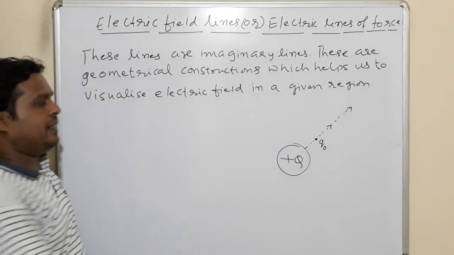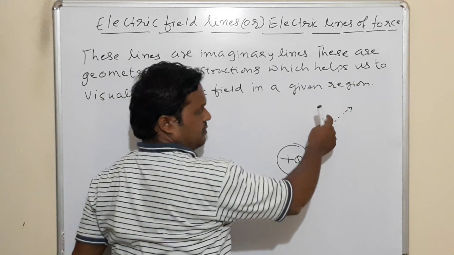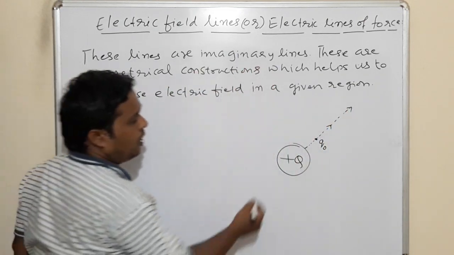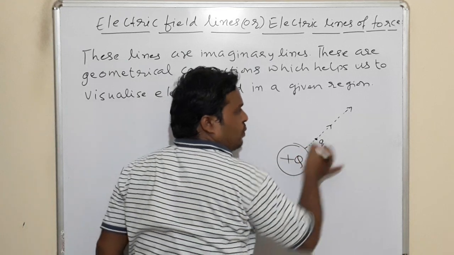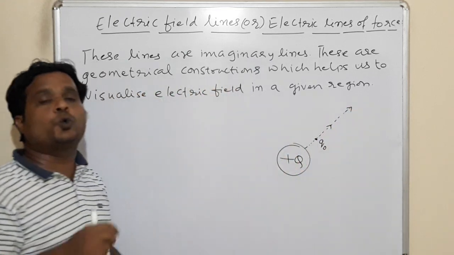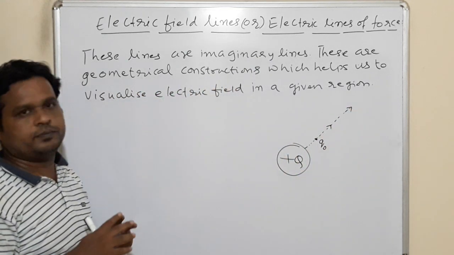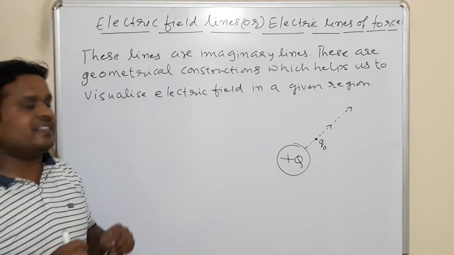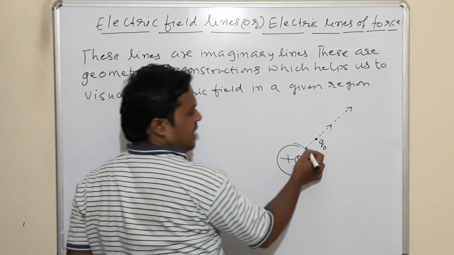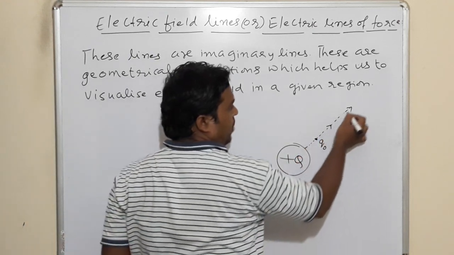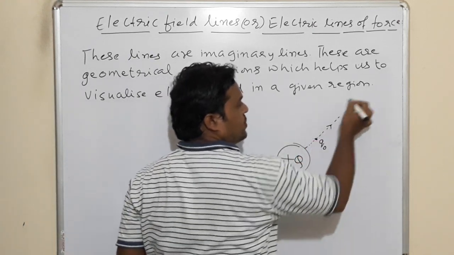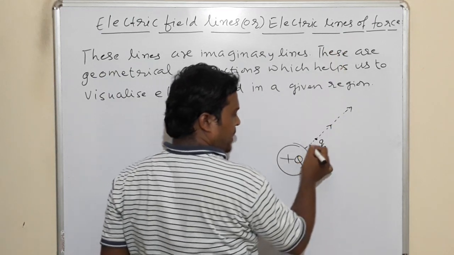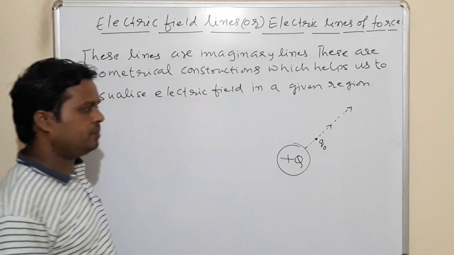That means it is an imaginary line which doesn't have any physical existence, along which a test charge moves if it is allowed to move, or if it is left free, then we imagine that this will move along this, because this is the line of force. Thus force is electric one, therefore it is called as electric line of force.